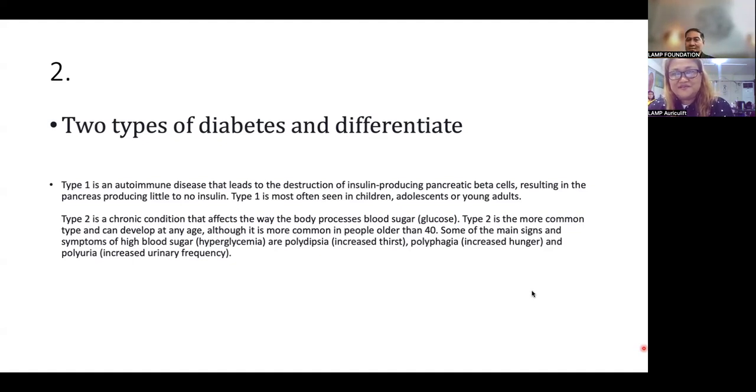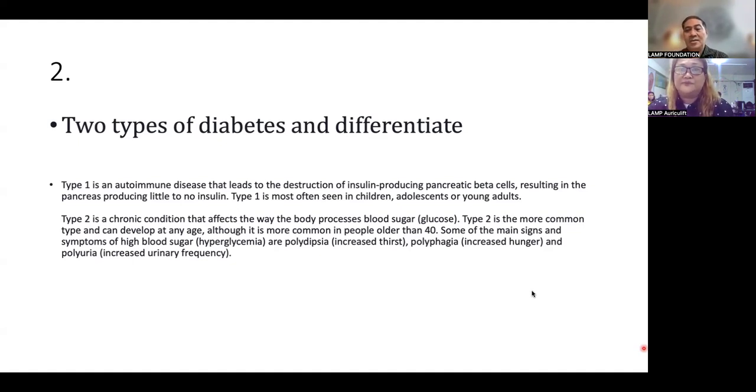Ang type 1 is developing much earlier. Sa type 2 ay hindi po. Nalalaman po ito at the age of 45, middle age, 45 years old. Ang type 1 po is sa early childhood po.